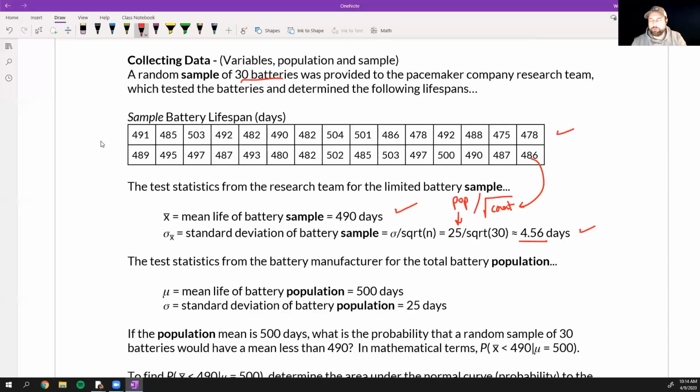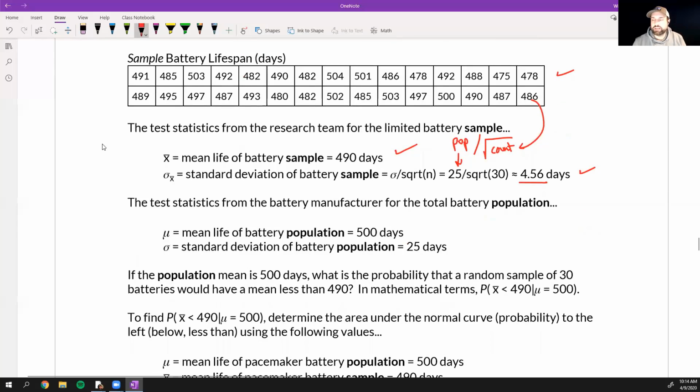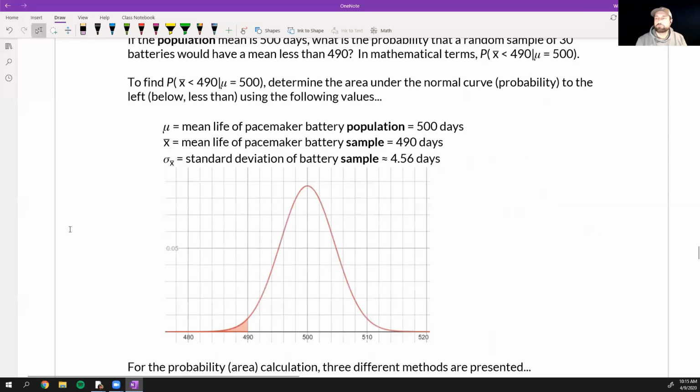You've seen this before, where we take the population standard deviation and divide it by the square root of the number of items. So this is the population mean and the population standard deviation, and this is our sample. We take our population data, and we have a mean of 500 days.